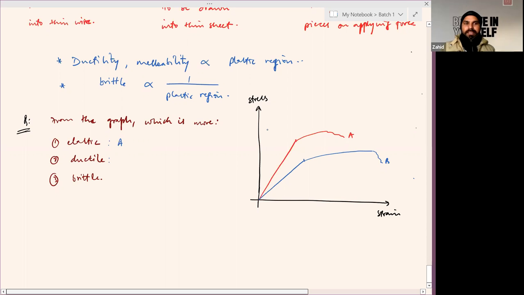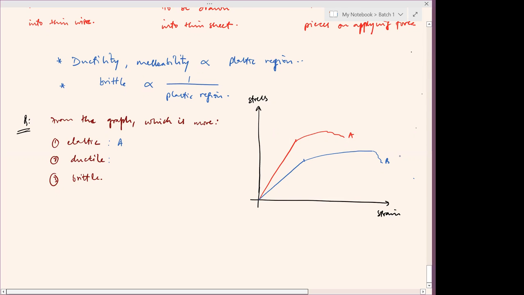How do you define the ductility of a particular material related to a stress strain curve? By knowing its plastic region or the length of its plastic region. Okay. Hiba, just tell me which one has the longer plastic region, A or B? Sir, B. Good. So B will be more ductile.